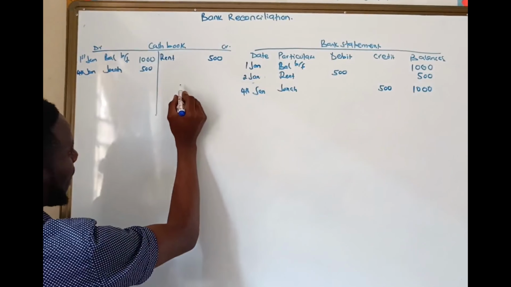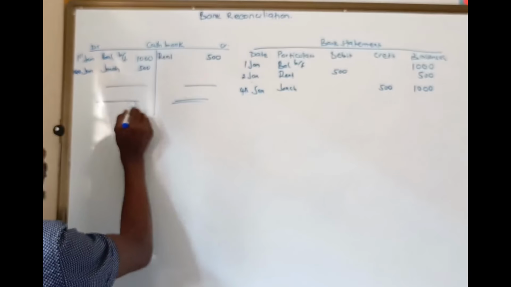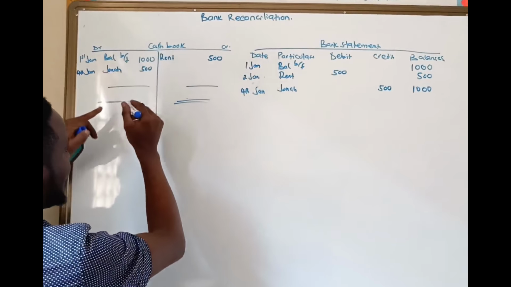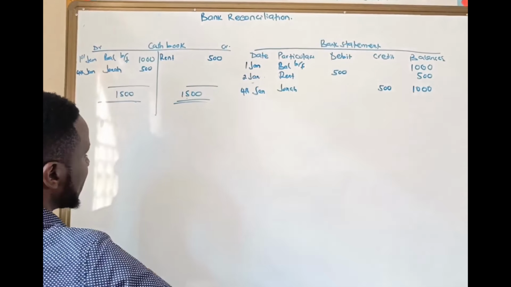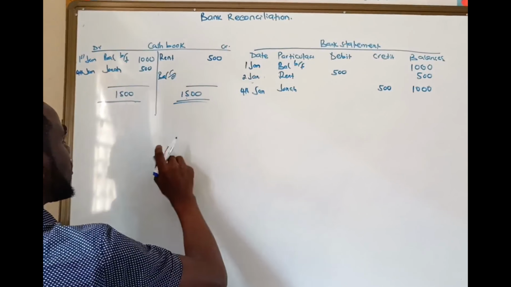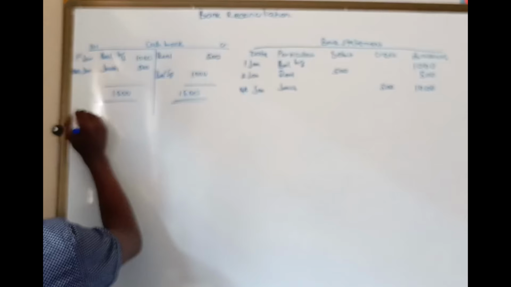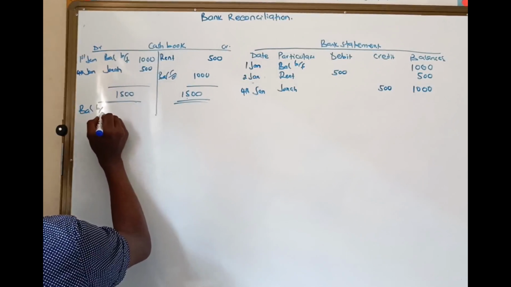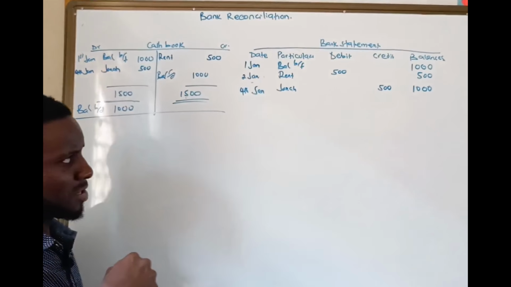When you close off our cash book, you're going to find that the heavier side is this side. That means we shall take 1,500. Then, remember, our balance carried down will be 1,500 minus the 500, giving us 1,000. Then, our balance brought down should be 1,000. Now, this is how it should be.